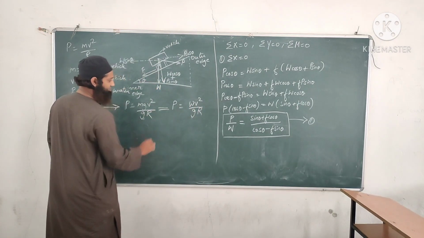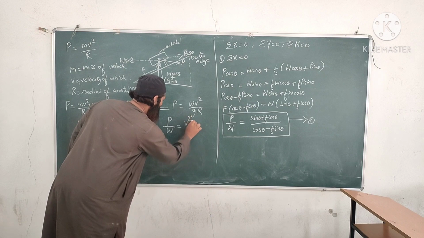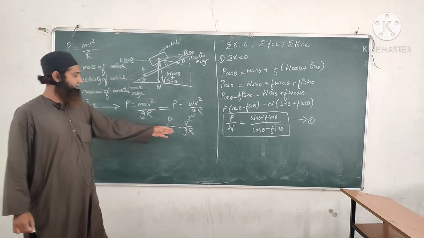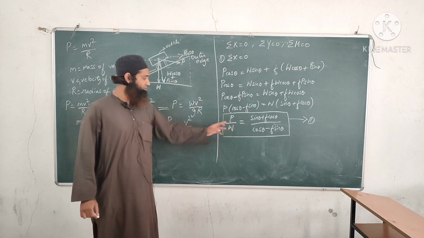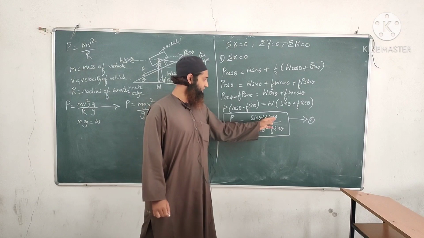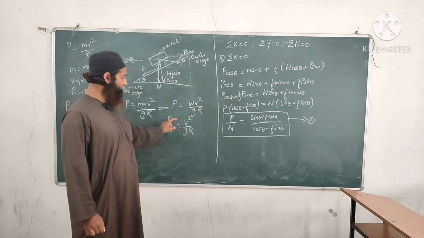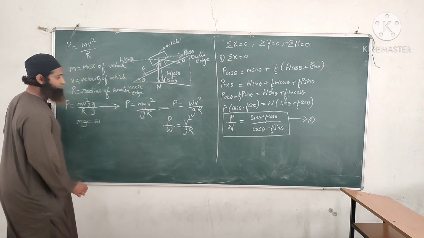I'll take this W this side, so P by W is equal to v square by gr. Now we have got the value of P by W as v square by gr. We have got this from the first equation, P by W is equal to sin theta plus F cos theta by cos theta minus F sin theta. I'll substitute this value of P by W here.